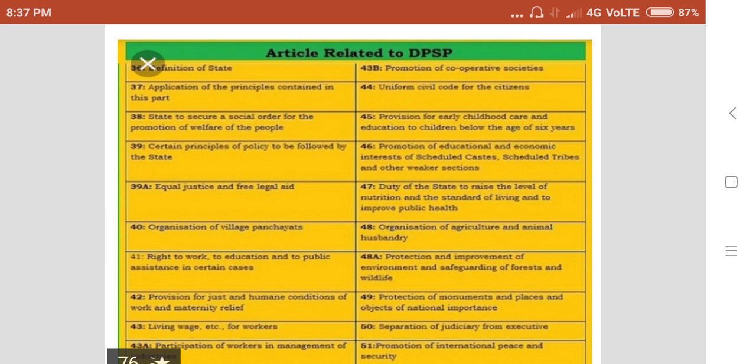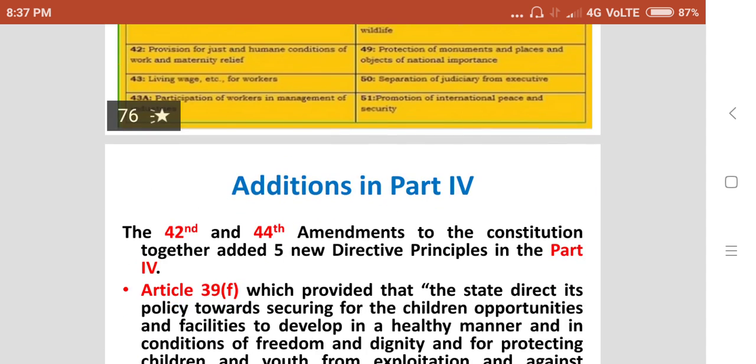So, here are some directive principles of state policy which are mentioned article wise. So, the information is also given there.